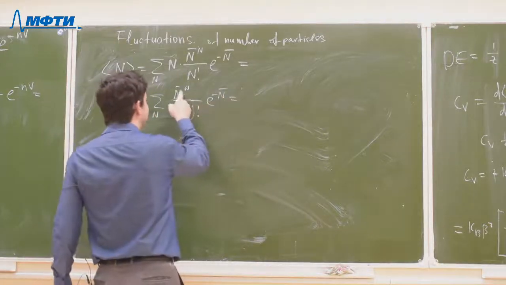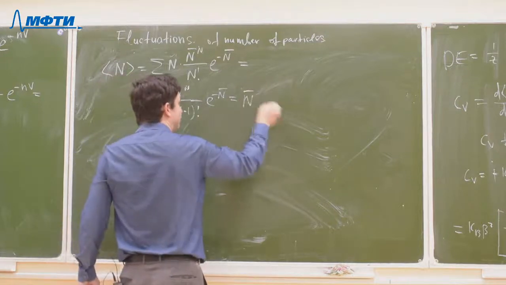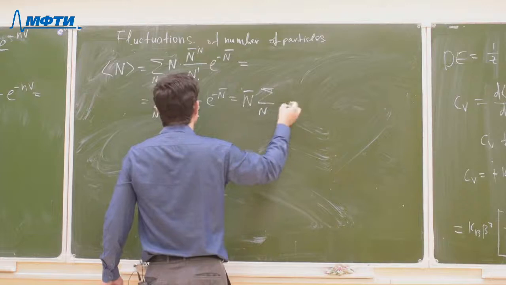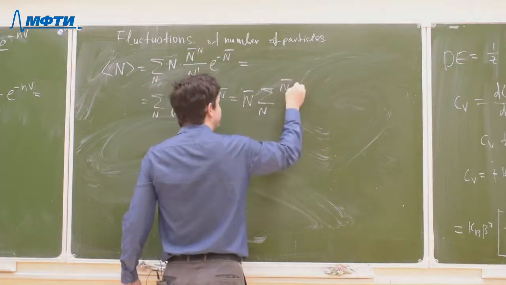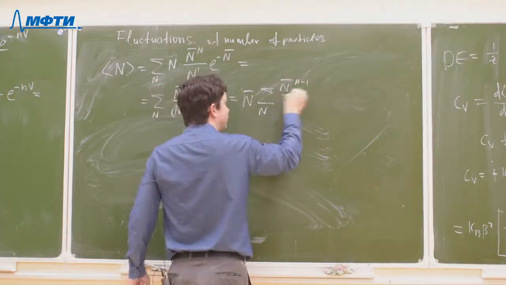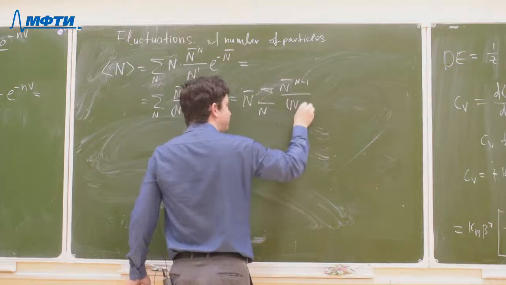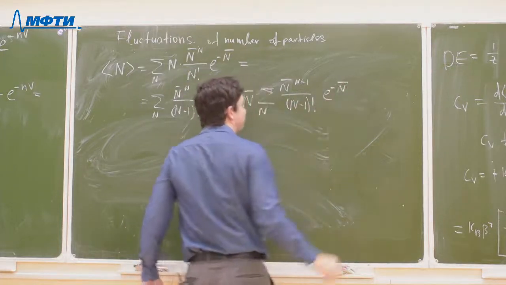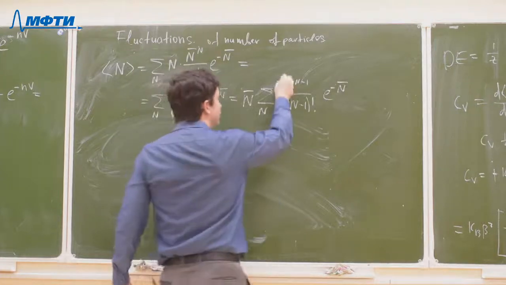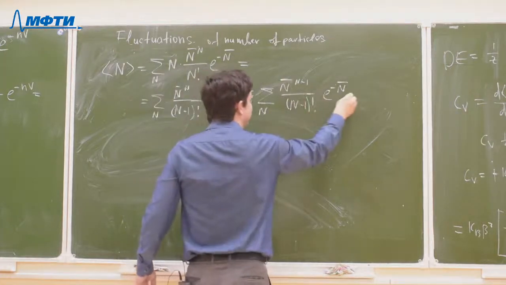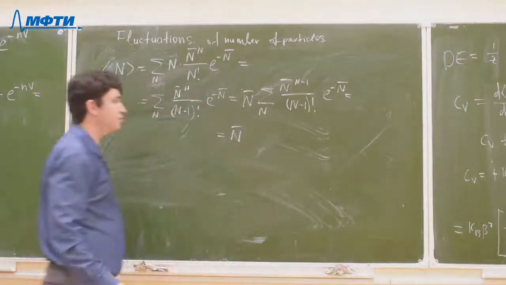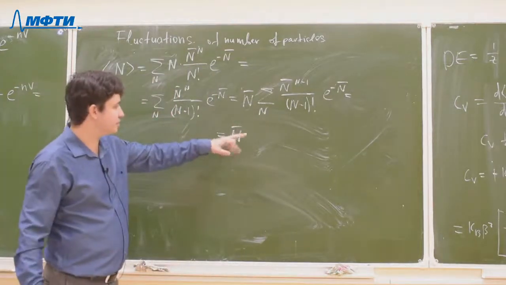And then we can take this from here, and we have a sum over n. Okay, and this is actually equal to n, this n with this line.